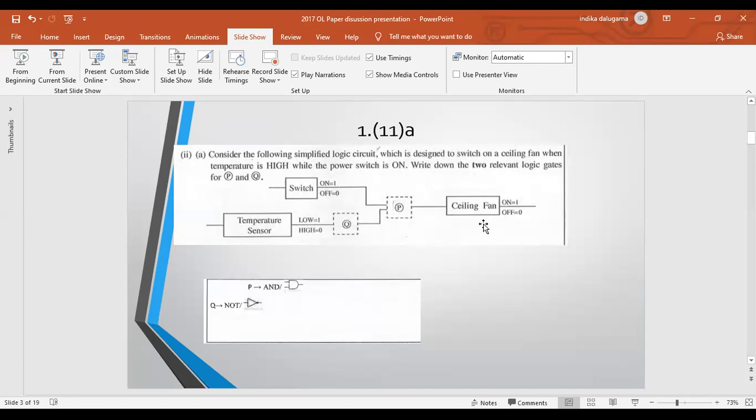To become the output 1, if the input is 0, we can't get any output 1. So what should be the logic gate? We should put Q. Can you answer?